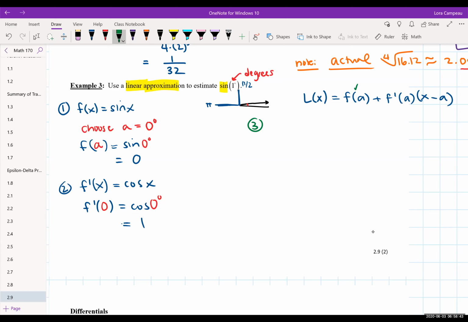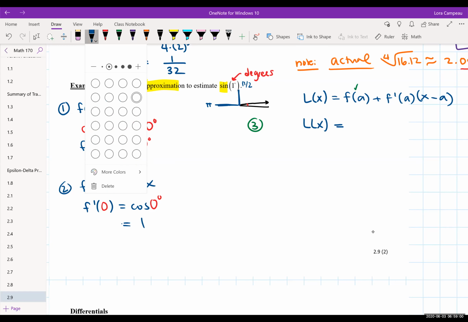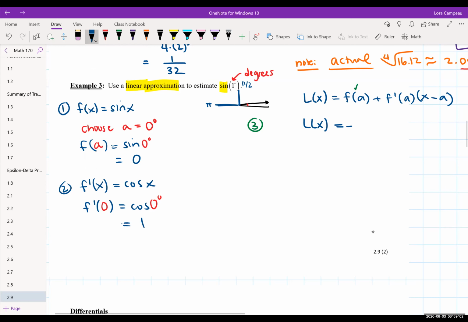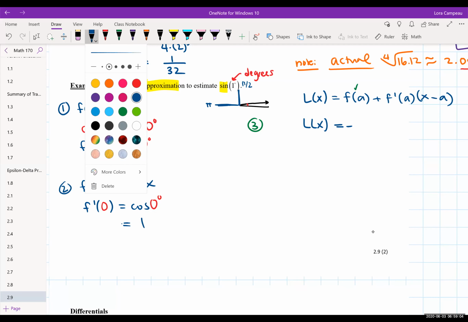I'm going to look at L of x. Now, do we know f of a? We do. That is f of 0. So that is equal to, and actually before I do that, maybe I'll help. Sometimes you have to see some generic formula first. So see if I can do this for ourselves.